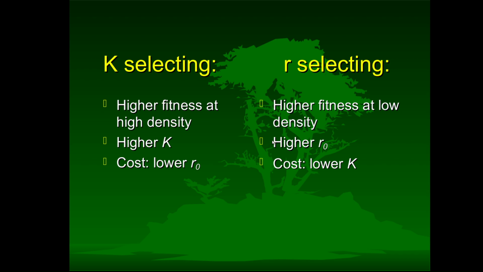So they become highly fecund and develop fast to reproductive age. So this also means evolution of a lower generation time.